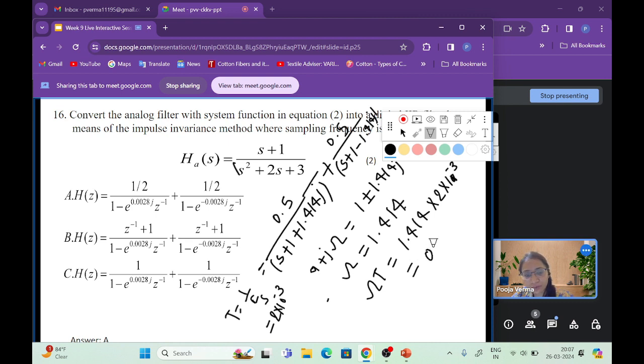Now we will get 0.00228. Then if we put this into the form j omega t, we get e to the power j 0.00228. So the correct option has A and B values of 0.5 and omega t equal to 0.0028. So the correct option is option A.